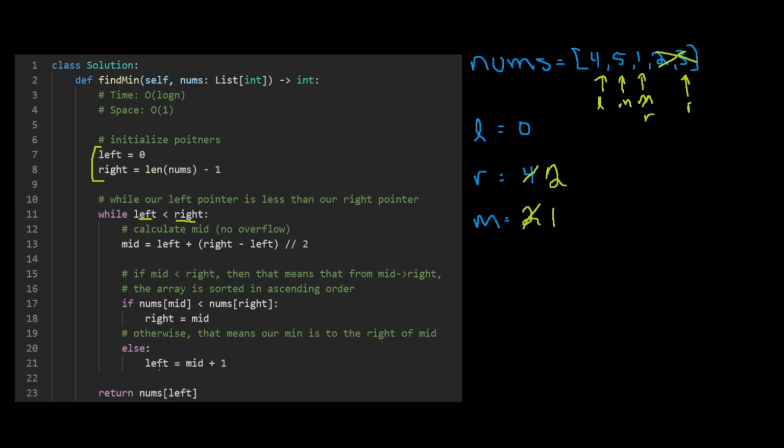So what we want to do is update our left pointer to be mid plus 1, which is going to be 2. And then now our pointers are pointing to the same exact spot, and we get rid of this part of the array, and we're only left with 1. And then at the end, we just want to return nums at left, which is exactly what this is pointing to, so the code does work.